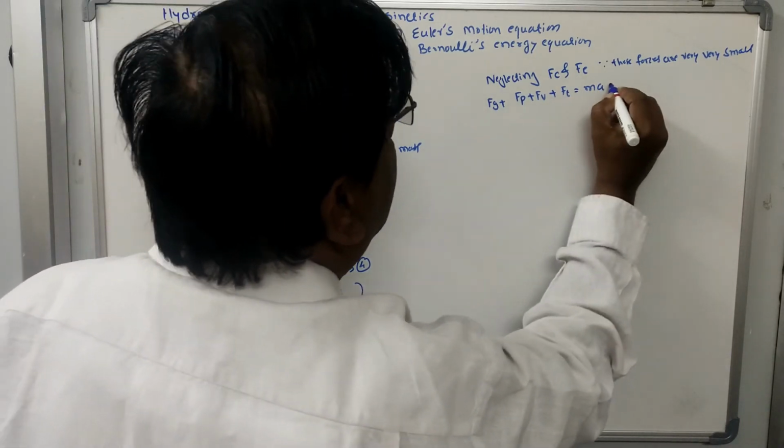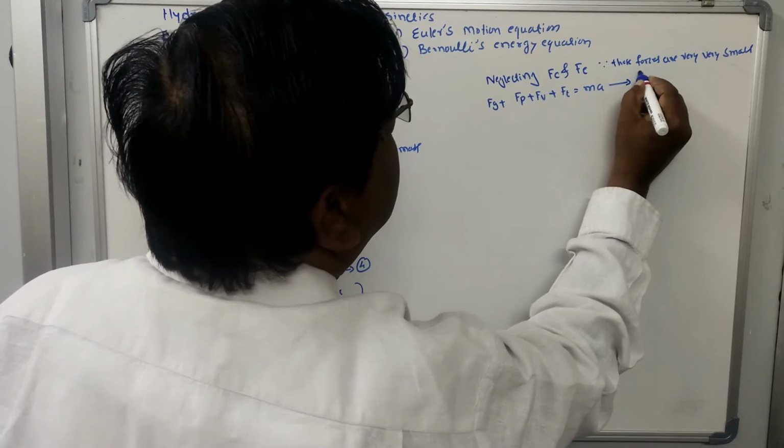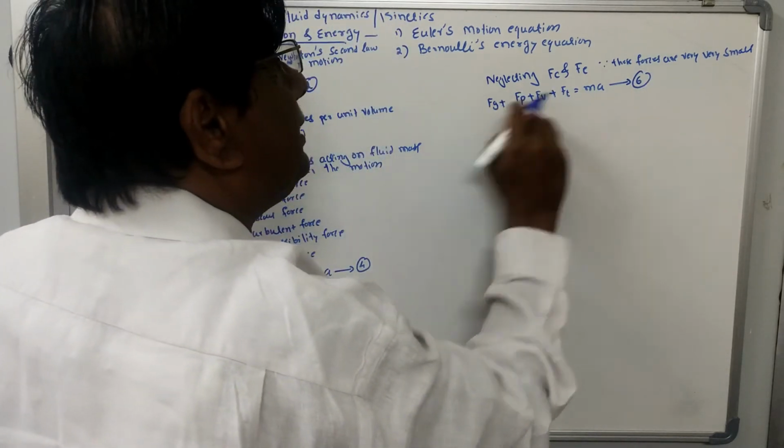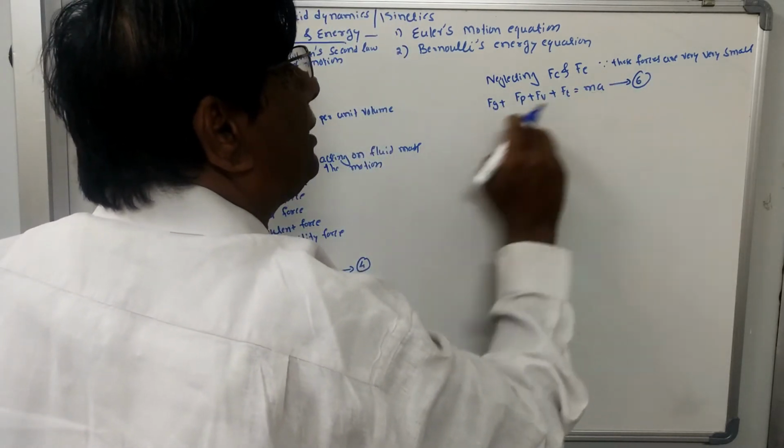You can call this equation 6, and these are the vector terms.